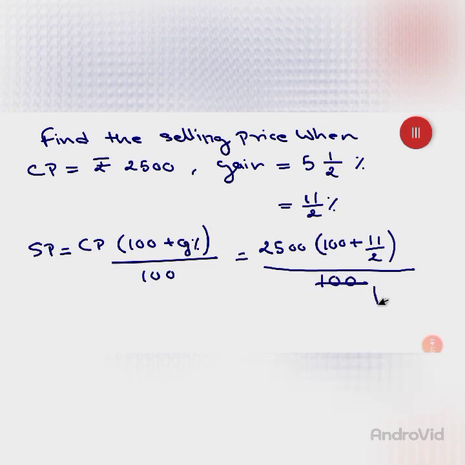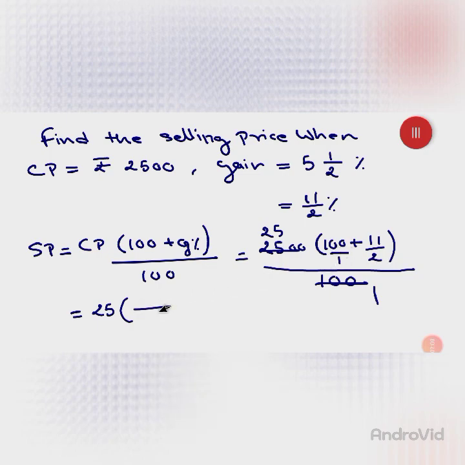Now 100 one times is 100, 100 25 times is 2500, 25. And now when we solve this, here nothing means 1.